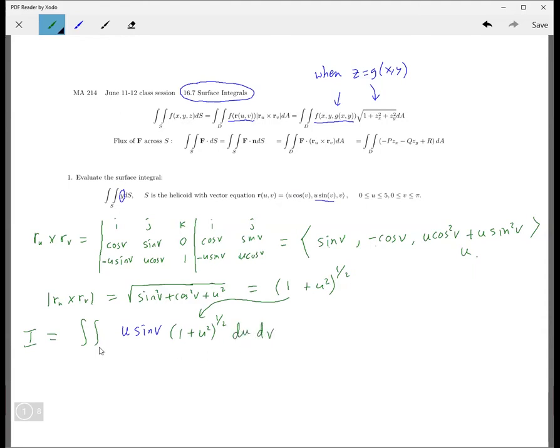What are the limits of integration? Is it 0 to 1 or 0 to... 0 to 5. Yeah, you look over here. So u goes from 0 to 5, and then v goes from 0 to pi.